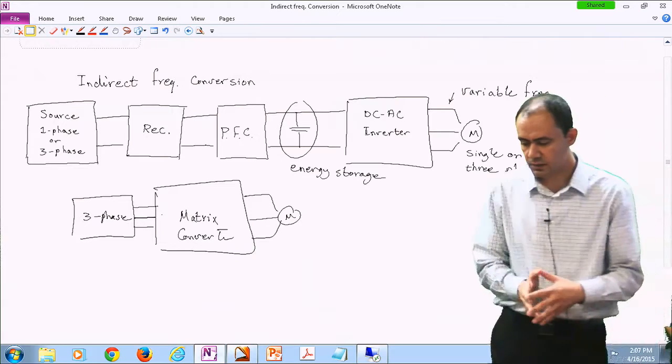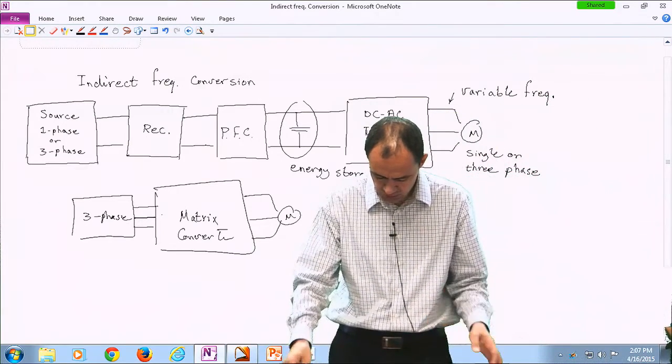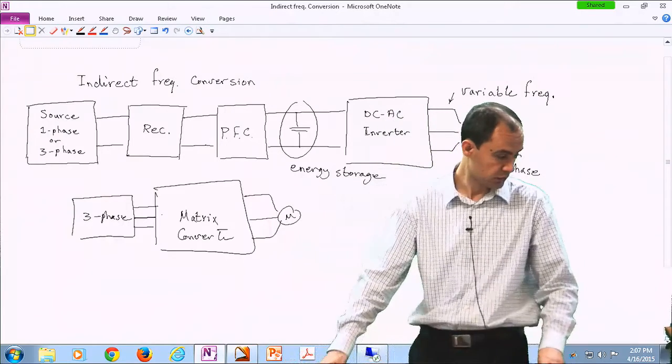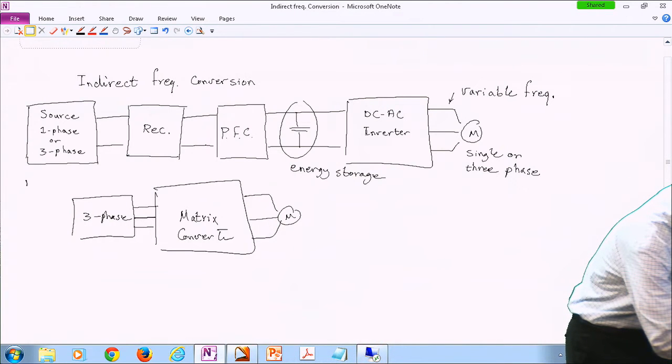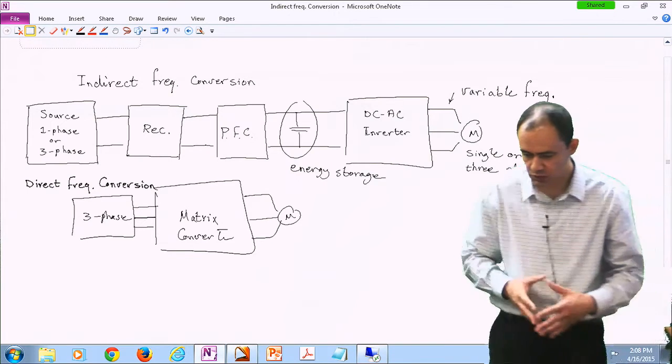So that's why this topology, or this kind of matrix converter, is sometimes called a direct frequency converter. Okay, so that's where the name comes from, direct frequency conversion.